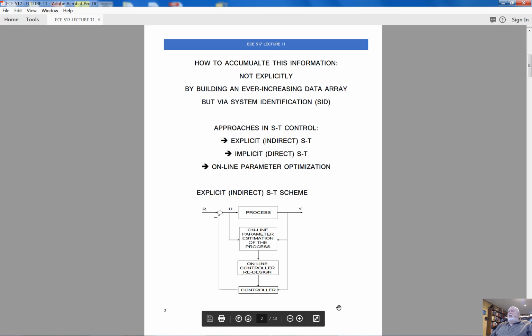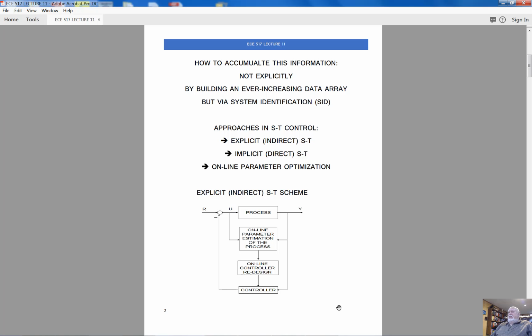How to accumulate this information? Well, obviously, it cannot be done explicitly. It's not about recording data and creating an ever-increasing data array that could be processed with ever-increasing numerical difficulties, but we do it utilizing approaches known as system identification.